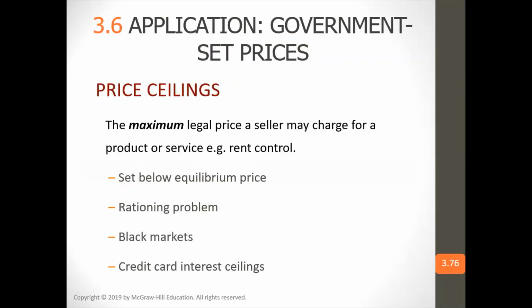And then price ceilings are the maximum legal price a seller may charge for a product or service, e.g. rent control, set below equilibrium price, with rationing problems, black markets, credit cards, interest ceilings. So this is rent control. Rent control is done so that you pay a lower price than equilibrium for rent.